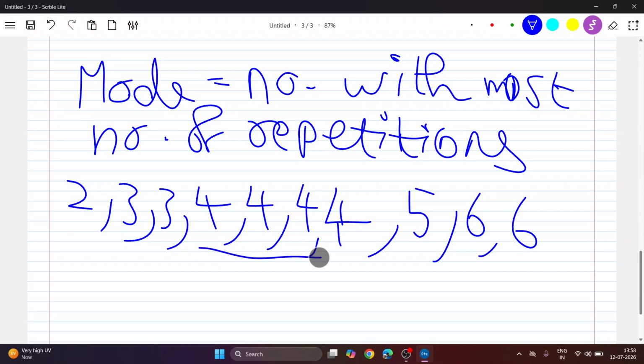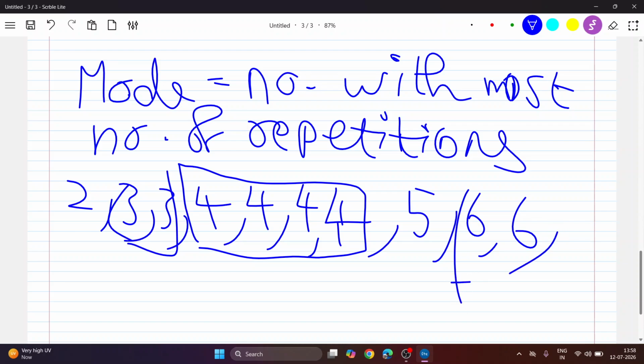Now this is 4. You see 4 has been repeated 4 times, and then 3 has been 2 times, 6 has been 2 times, 2 and 5 one time. So 4 is the most frequent number, so the mode is equal to 4, okay?